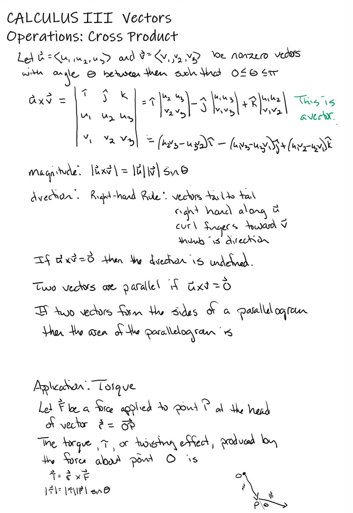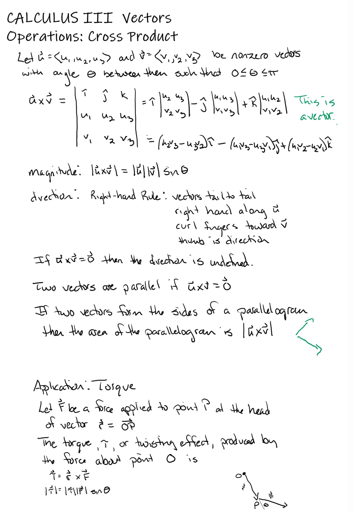And if two vectors form the sides of a parallelogram, then the area of the parallelogram turns out to be the scalar value, the magnitude of u cross v. So again, you've got two vectors that form a parallelogram.